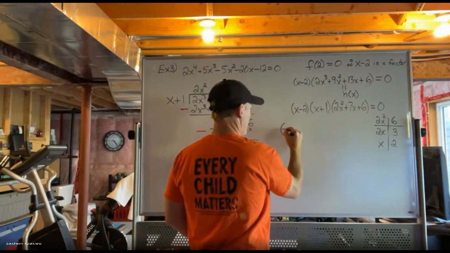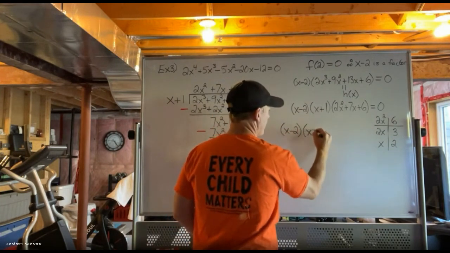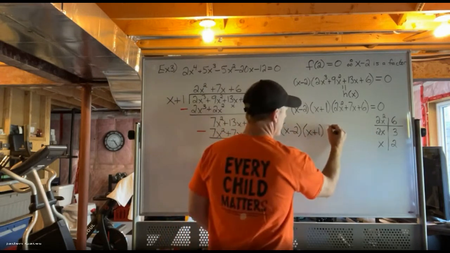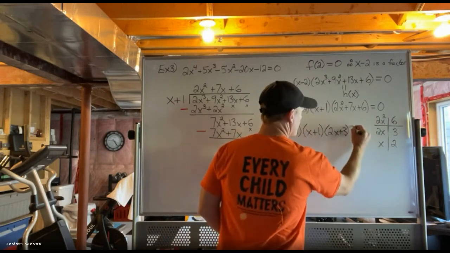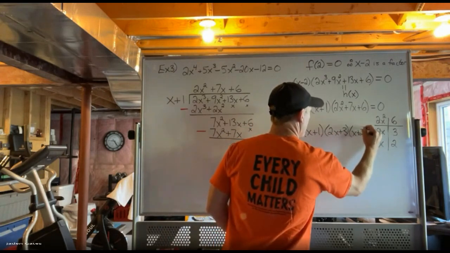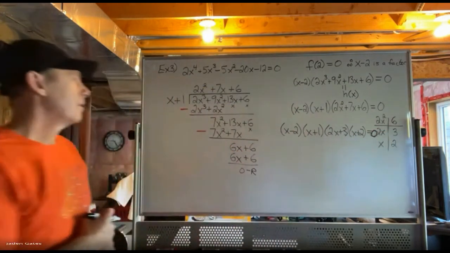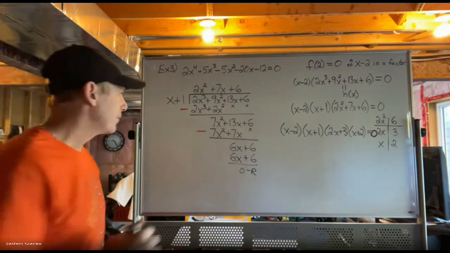So I have x minus 2 is one factor. x plus 1 is another factor. Then we just found out we have 2x plus 3 is a factor, and x plus 2 is a factor. And again, this is equal to 0. Now I have 4 factors to solve.